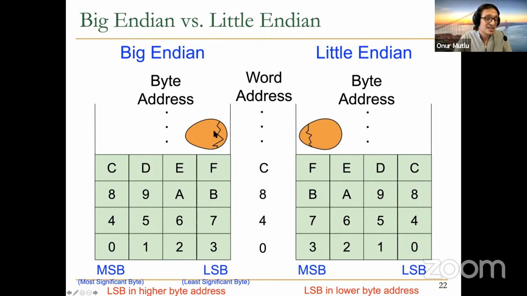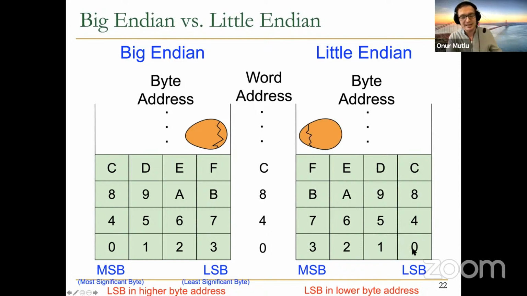So big endian essentially means that least significant byte is stored in the higher byte address. Hence, big endian. Based on where the least significant byte is stored, you call it big endian or little endian. Little endian, which is what MIPS is, means that least significant byte is stored in the lower byte address.